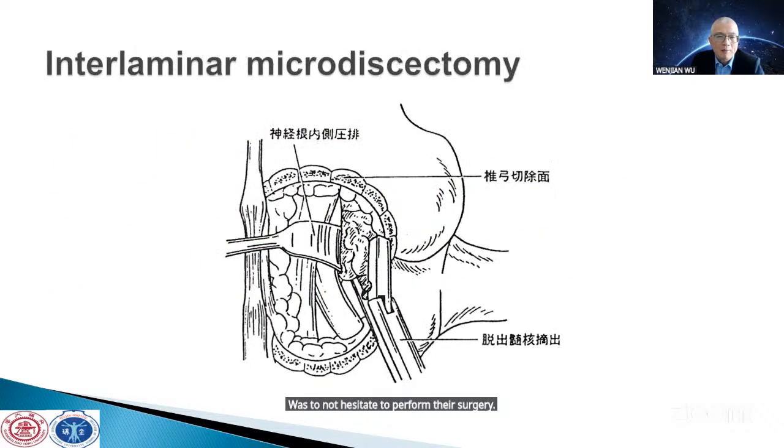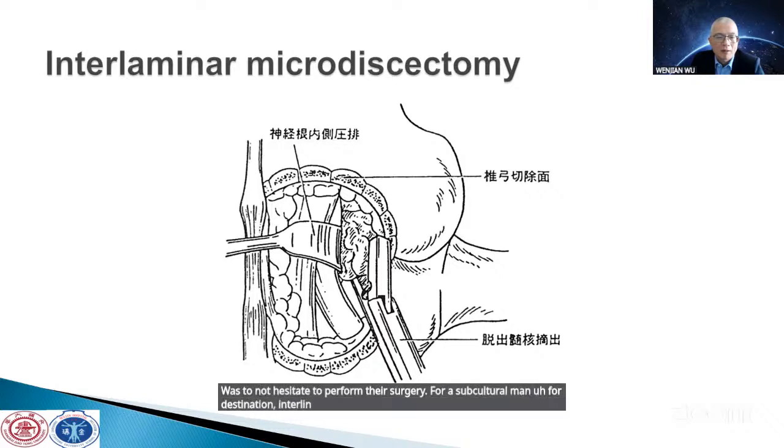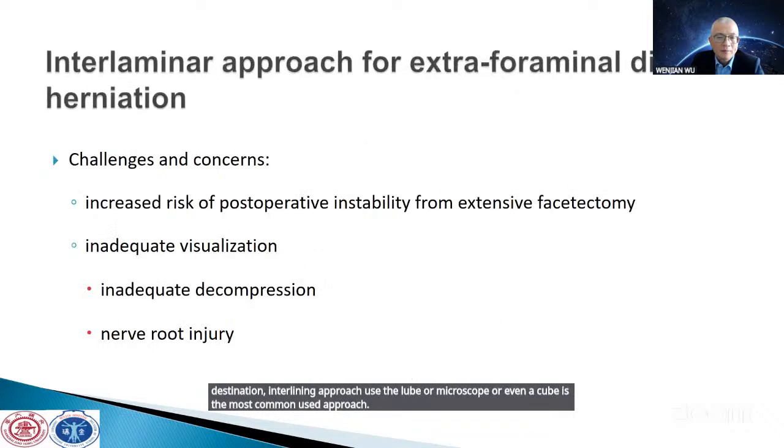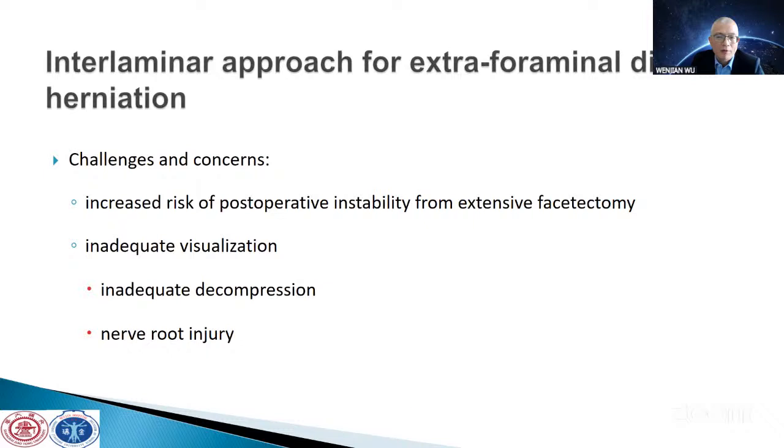For surgical treatment of disc herniation, the interlaminar approach, using loupe, microscope, or even a tube, is the most commonly used approach. But for extraforaminal disc herniation, if we choose the interlaminar approach, there are some problems.